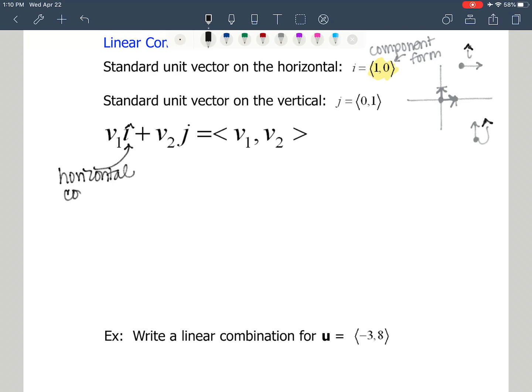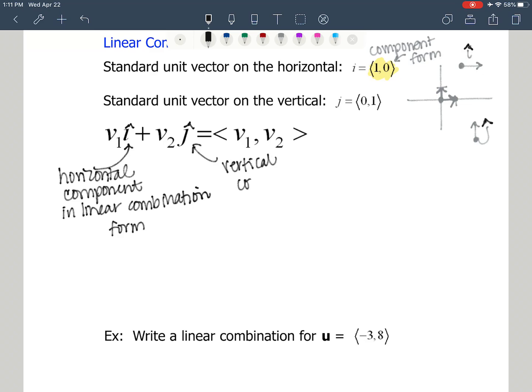So you can think of it as your horizontal component, but in linear combination form. And J hat, I'm saying hat, H-A-T, J hat is your vertical component, in linear combination form.